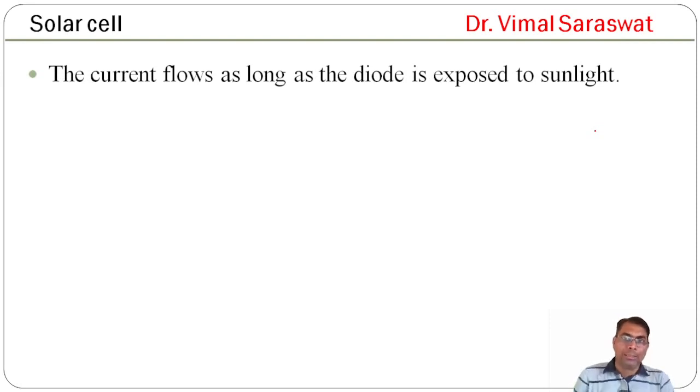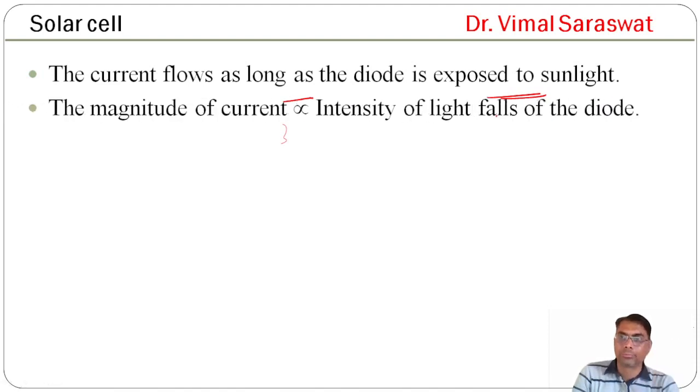The current flows as long as the diode is exposed to sunlight. The magnitude of current is directly proportional to the intensity of light falling on the diode. So the higher the intensity of light, the higher will be the amount of current.